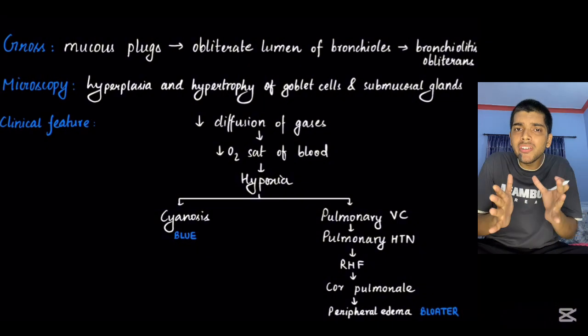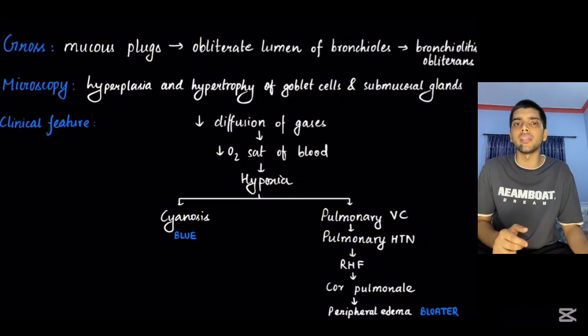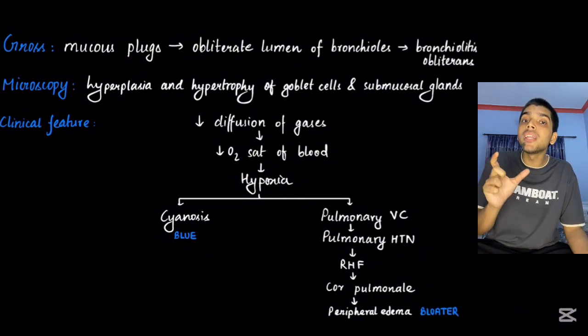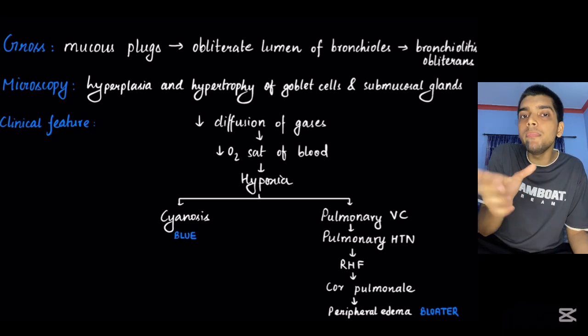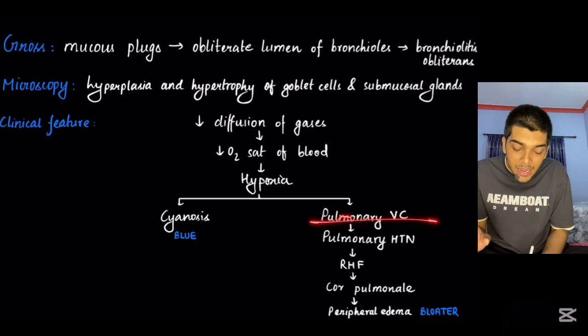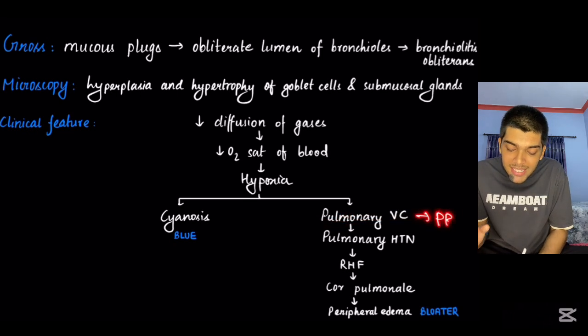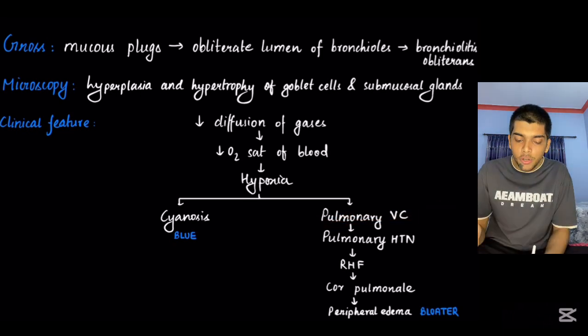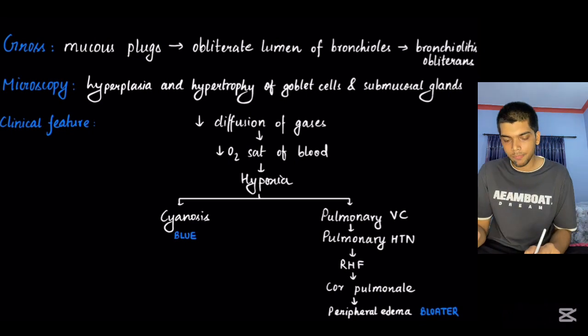Due to pulmonary vasoconstriction, there is increased total peripheral resistance of pulmonary blood vessels, right? Pulmonary vasoconstriction leading to increased peripheral resistance, leading to pulmonary hypertension.